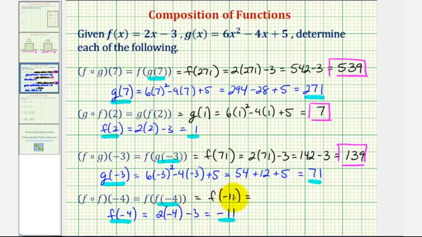So negative 11 is now the input into function f, which would be 2 times negative 11 minus 3. That'd be negative 22 minus 3, that's negative 25. So f of f of negative 4 equals negative 25.